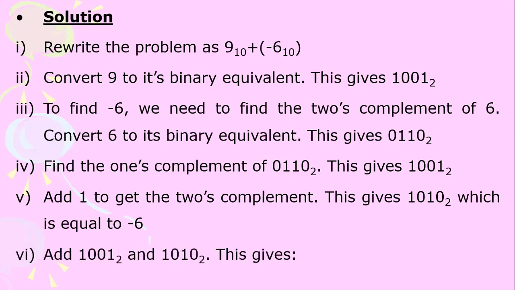We then add 1, 0, 0, 1 and 1, 0, 1, 0. When you add the two, what do we get? So 1 plus 0 is 1. 0 plus 1 is 1. 0 plus 0 is 0. 1 plus 1 is 0 carry 1.